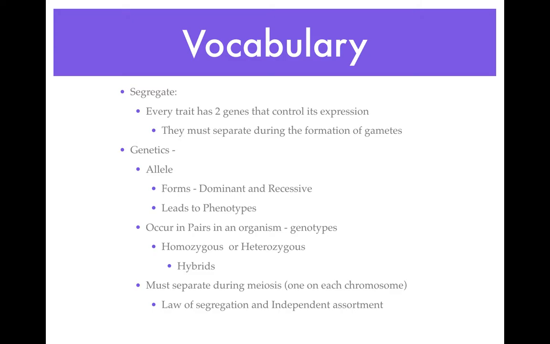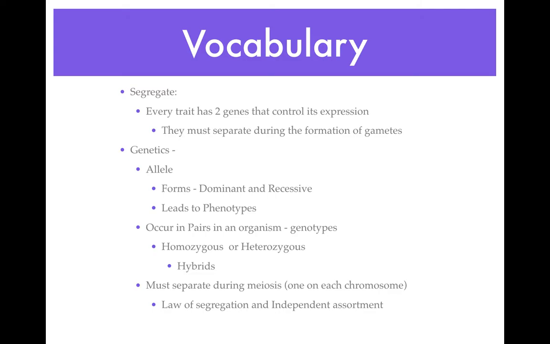Those two different copies of the gene have to separate, and that's what segregate means, to separate. And we know that from meiosis, when the chromatids were separating from one another in the formation of gametes. So each gene that has two copies of itself must separate from one another during meiosis, or gamete formation.